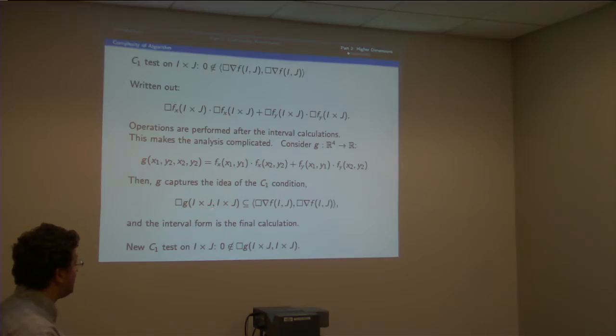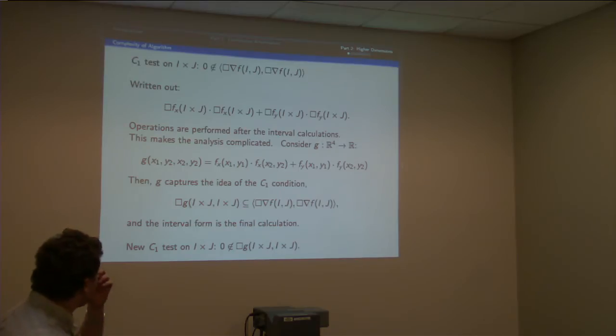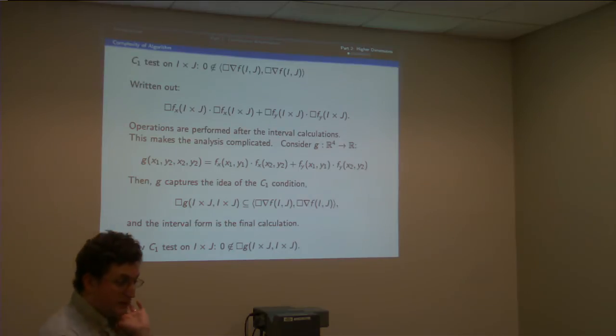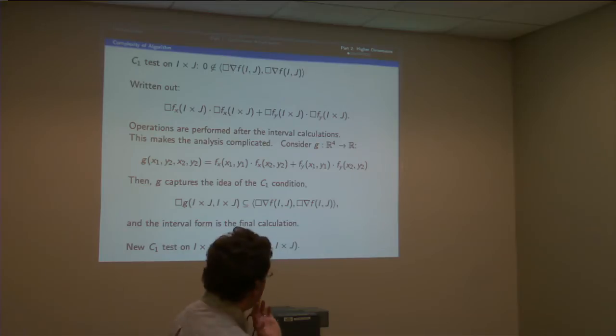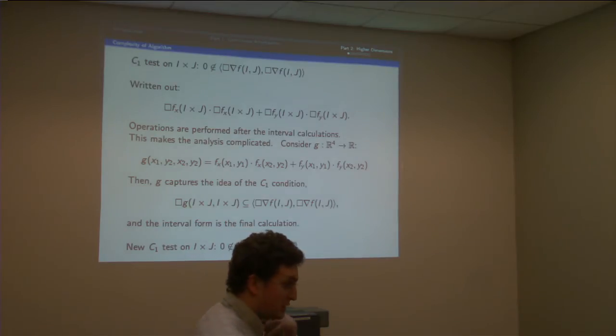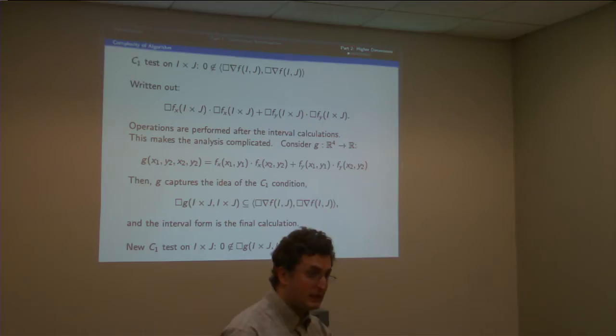So the box of the G, that's better than what they had, but it doesn't change the proofs. So the new C1 test is that 0 is not in the box of I cross J, I cross J, of G, I cross J. So it's the same test. It says that there's no two points in the box that have orthogonal gradients. It's just that I do my interval arithmetic at the very end.